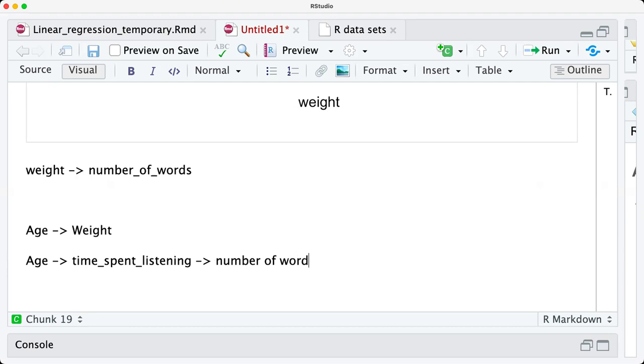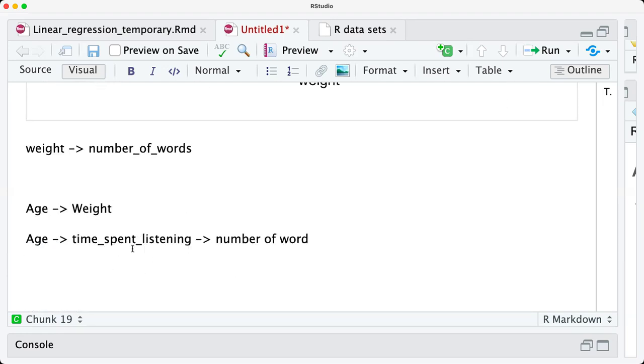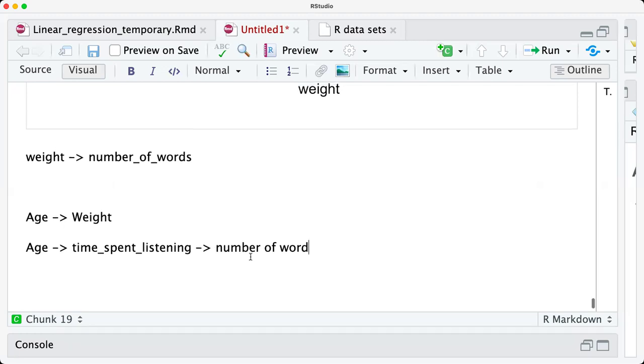So this is the causal diagram, or at least an approximation. This is just to say that a causal diagram has much more information than simply the data. You have to add a causal diagram to the data to speak about causality.